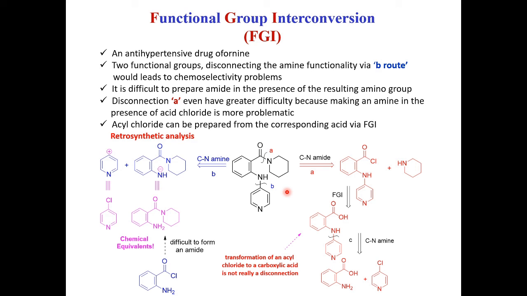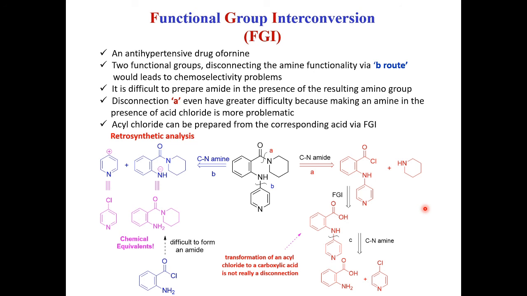We checked whether these functional groups are made by reliable reactions or not, and whether our target molecule contains a heteroatom or not. If it does, we try to disconnect the bond next to the heteroatom. Then in the third step, we checked the alternative disconnection to avoid the chemoselectivity problem. And finally, we used the functional group interconversion to facilitate further suitable disconnections.